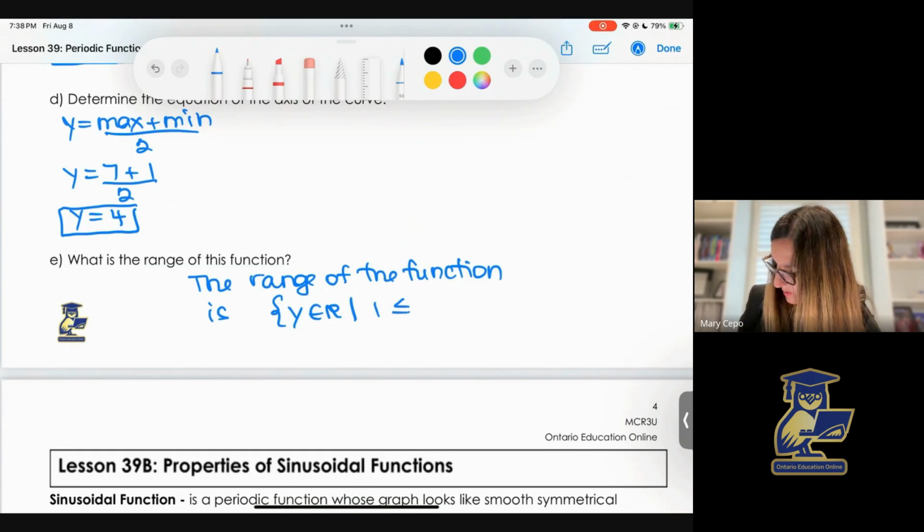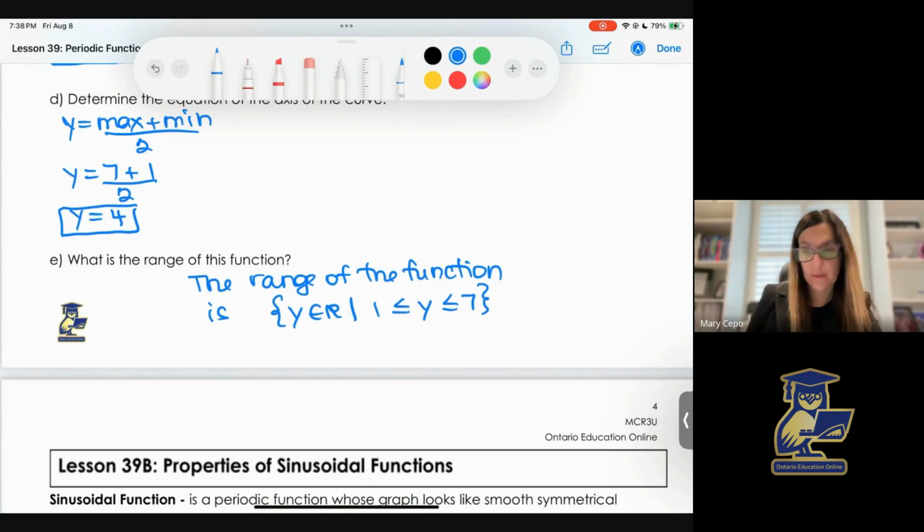However, y is always going to be greater than or equal to 1, but less than or equal to 7. Okay, so just to know, y represents the height. Y equals the height, and x is equal to time.